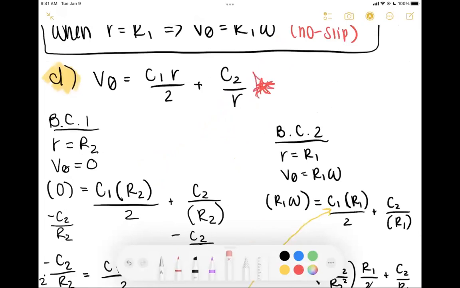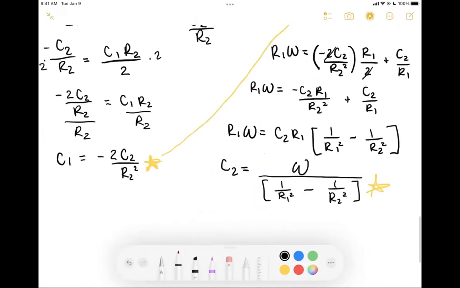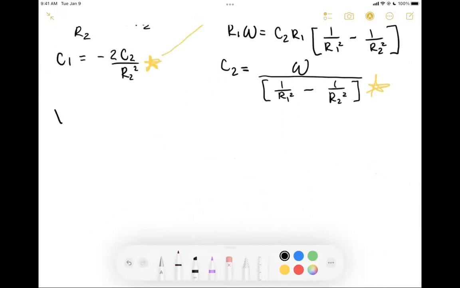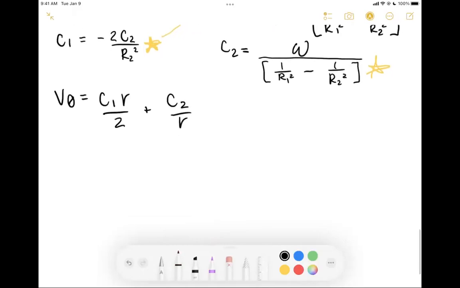Sorry, that looks messy, I'm going to redraw that. Go back to that equation, which I'm going to write again down here, which was V theta is equal to C1 R over 2 plus C2 over R. Then we're going to plug in that C1 right here and the C2 here.